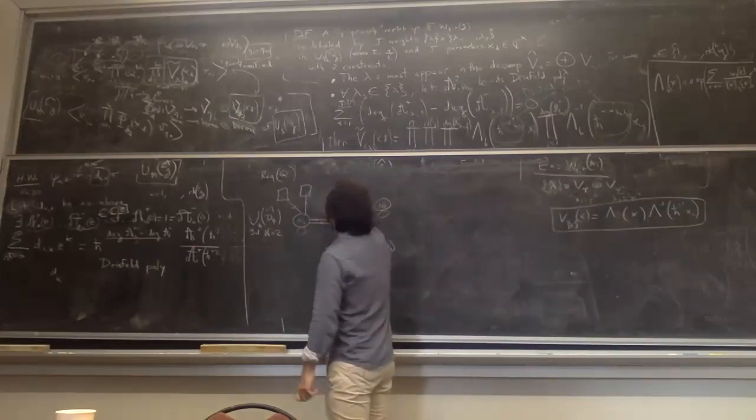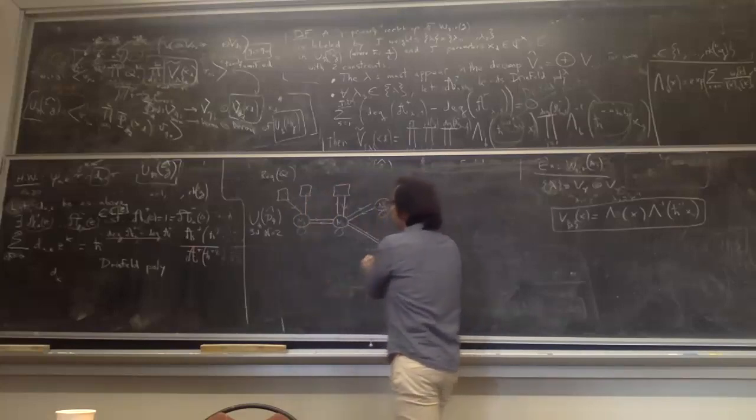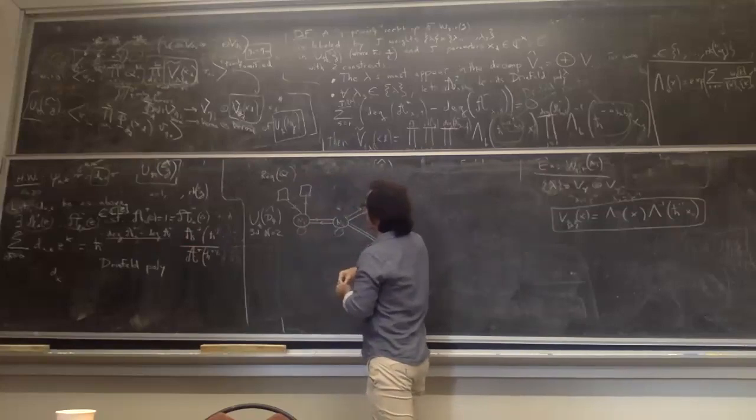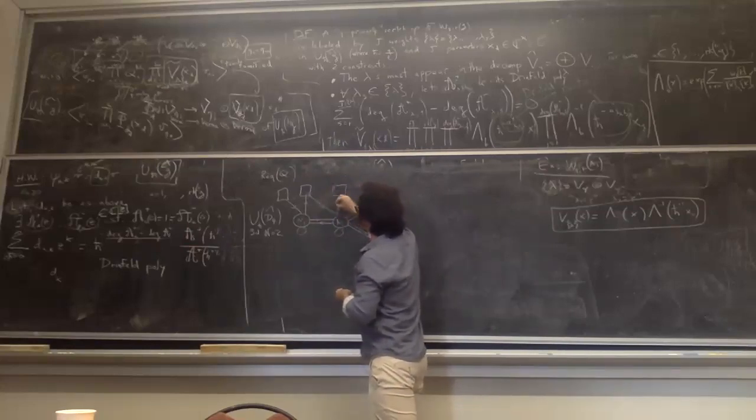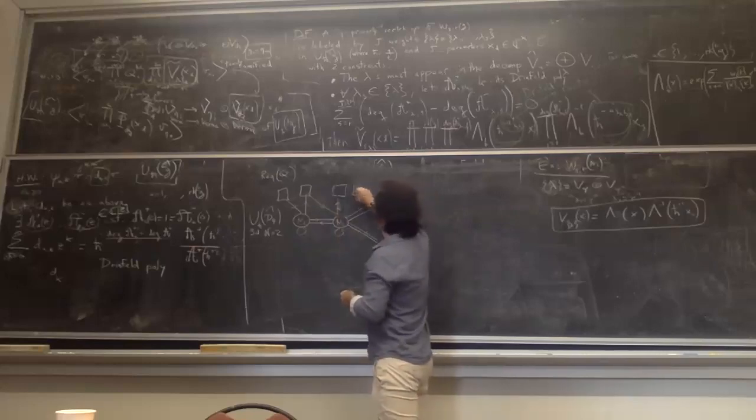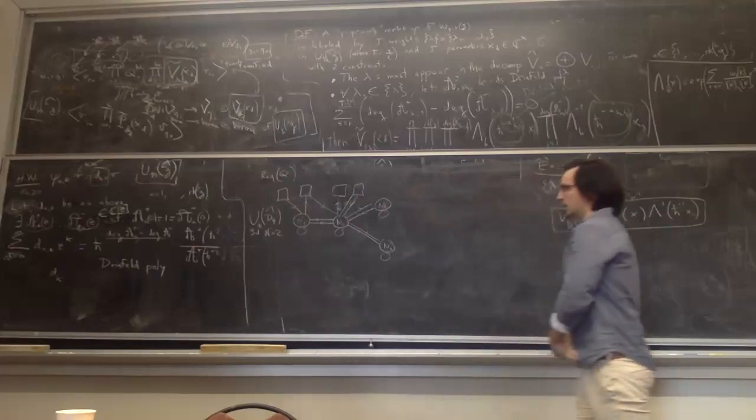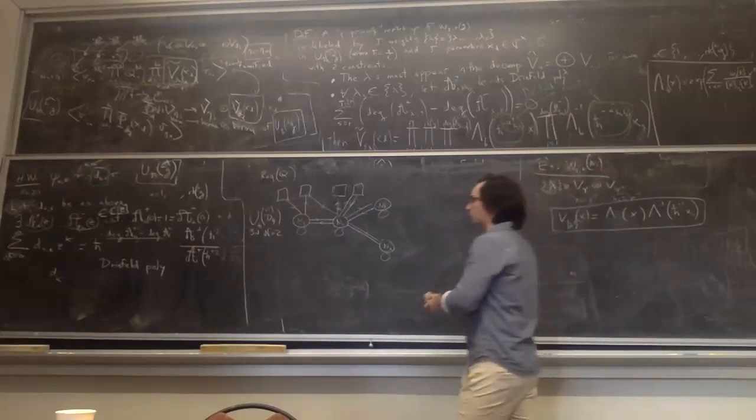You could expect to have arrows between nodes. What people call handsaw quivers are quivers of this form, things like that. In this story, this is also fine.